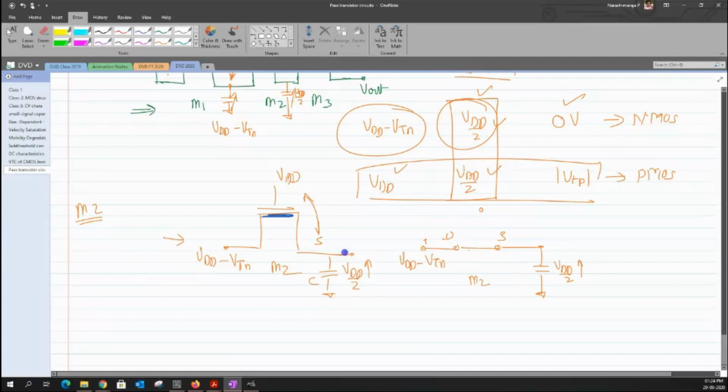Yes, it can go all the way to VDD minus VTN, because it is only at this particular point that the VGS becomes equal to VT. Getting it? So it can actually pass all of the voltages that I had on the left side to the right side. There is no need for, I think somebody was telling me it is VDD minus twice the value of VTN. This is not the case.